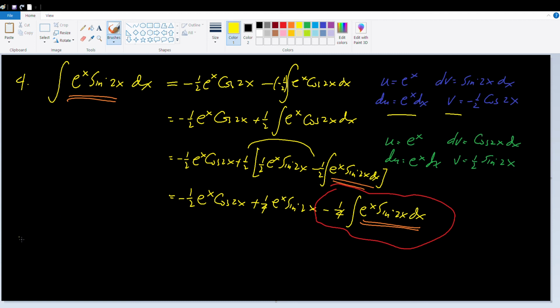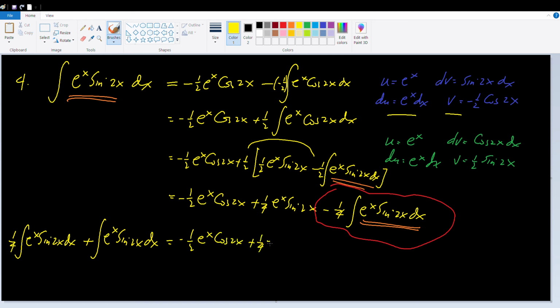It becomes positive 1/4 integral of e to the x sine 2x dx plus, of course, the original integral e to the x sine 2x dx, equal to negative 1/2 e to the x cosine 2x plus 1/4 e to the x sine 2x. And we combine these two, that will be 1/4 plus 1 or 5/4.